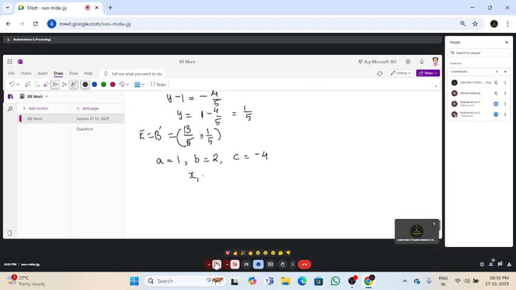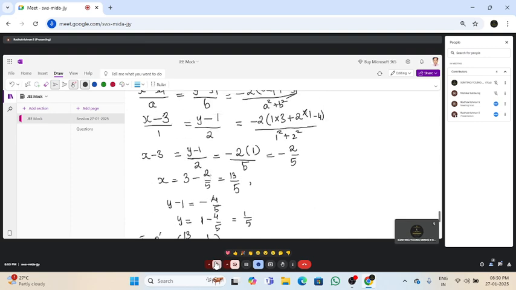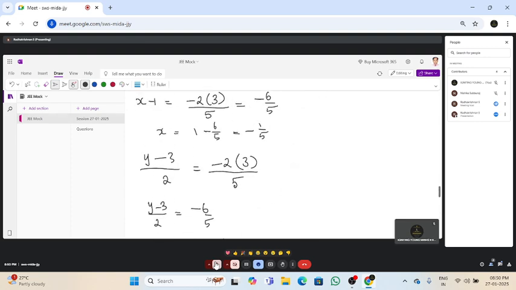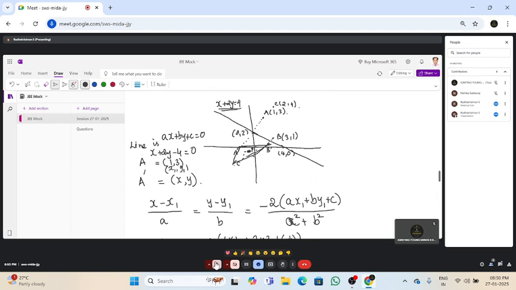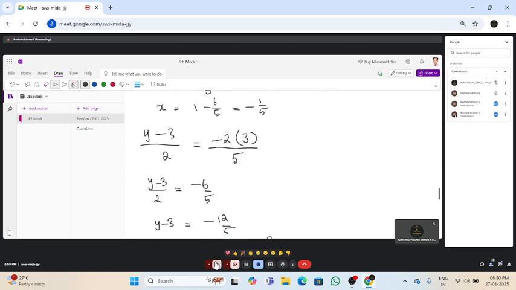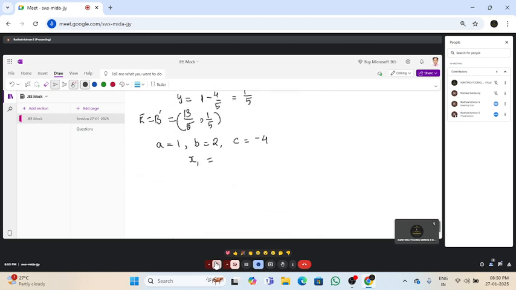And for the point C, the coordinates are given as 2, 4. So x1 equal to 2, y1 equal to 4.